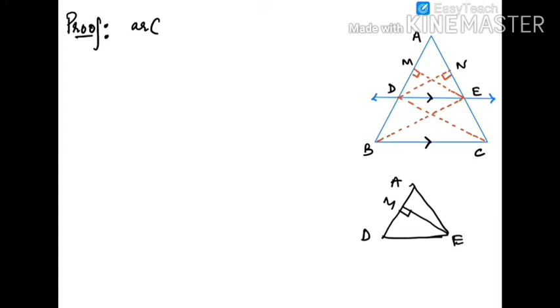If we know its base and height, area of triangle ADE is equal to half base into height. So we can write this as half base will be AD and the height will be ME. In this formula, the height is taken corresponding to the base.